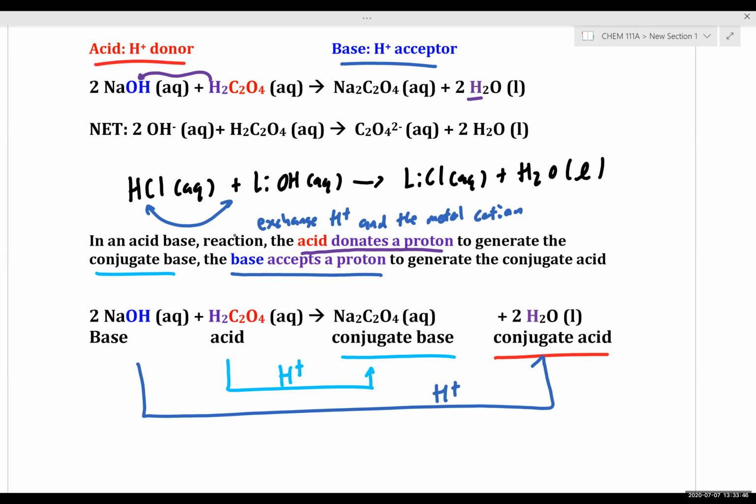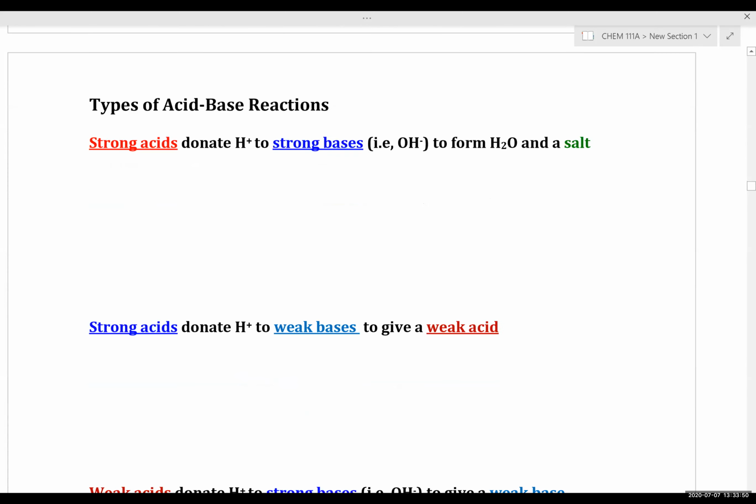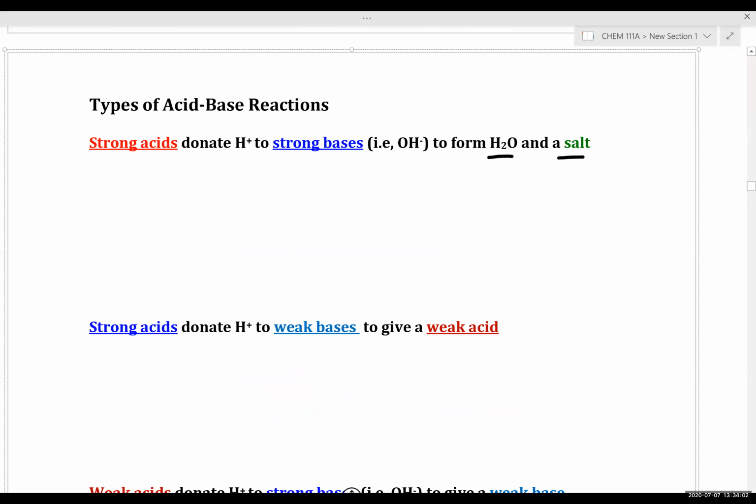Okay, so let's now discuss other types of acid-base reactions. So strong acids donate H+ to strong bases to form water and a salt. So let's give an example of a strong acid. Would someone like to in the chat provide an example of a strong acid? What strong acid do we want to talk about? What's an example of a strong acid?